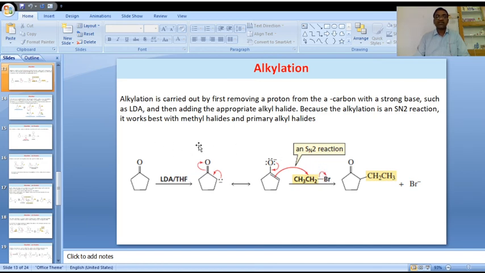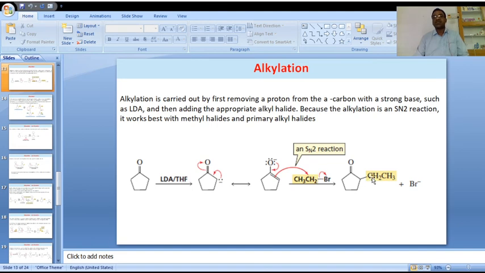It works best with a methyl halide or primary alkyl halide. Here in this step we can use a methyl halide or any primary alkyl halide. The reaction proceeds perfectly.